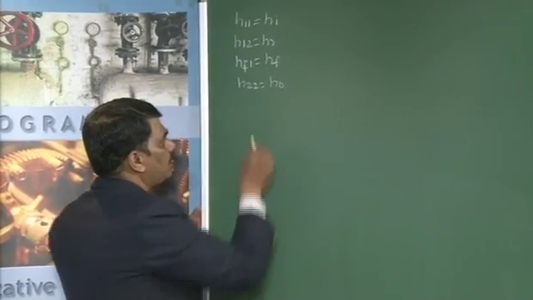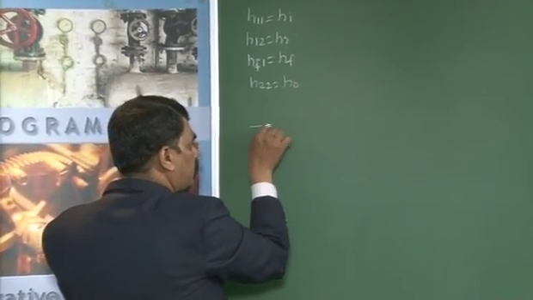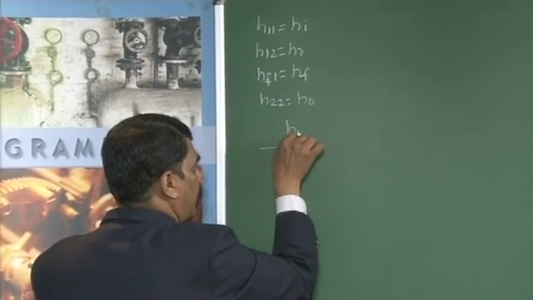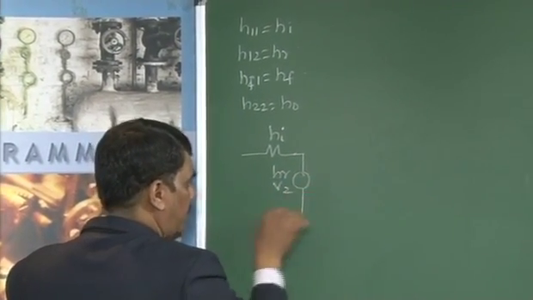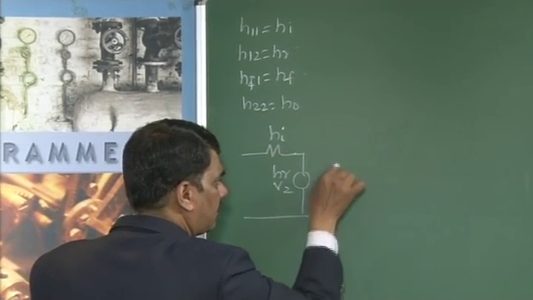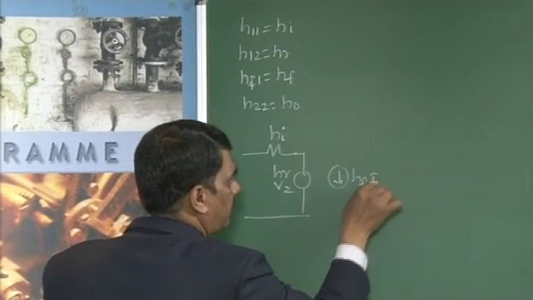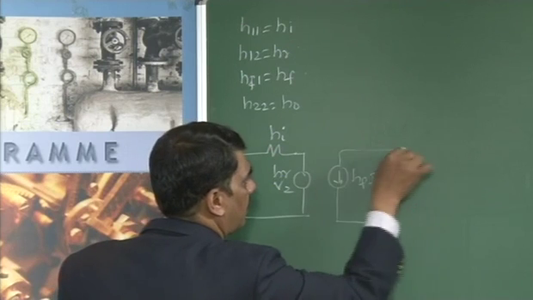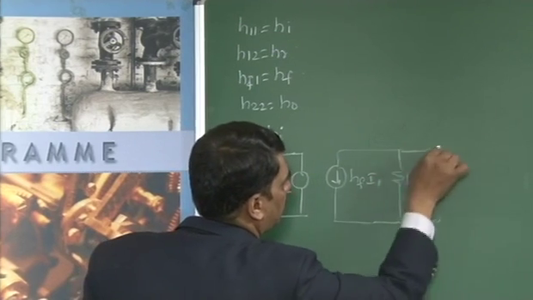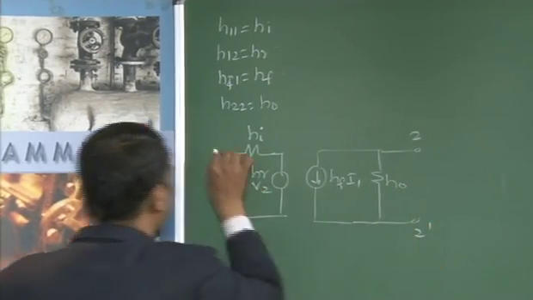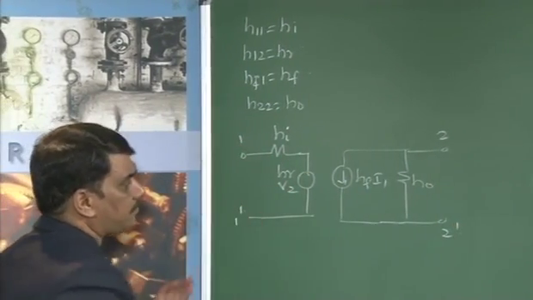For this model we have hi, multiplied with hr V2 on the other side. hf multiplied with I1 is a constant current source, and it is in parallel with ho. These are the terminals 2 dash and 1 dash.